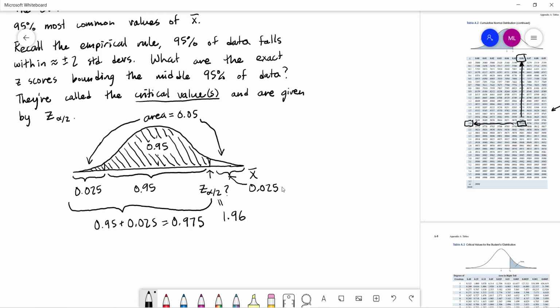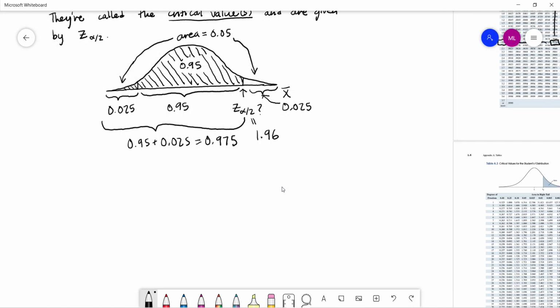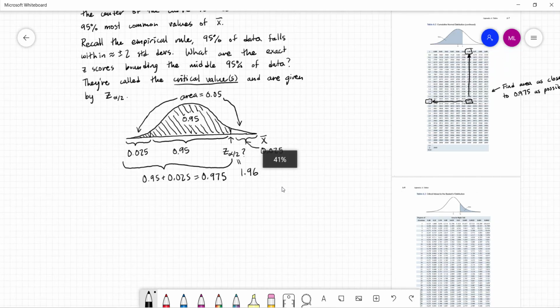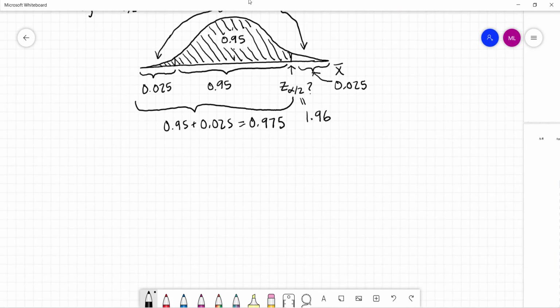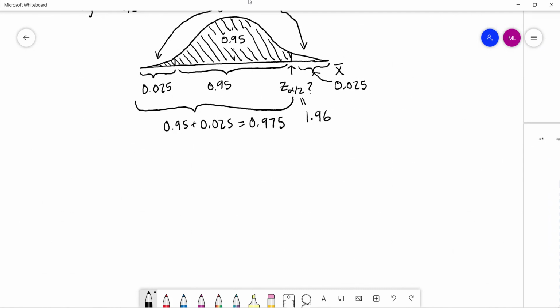So what we found so far is that our margin of error is 1.96 standard deviations wide.